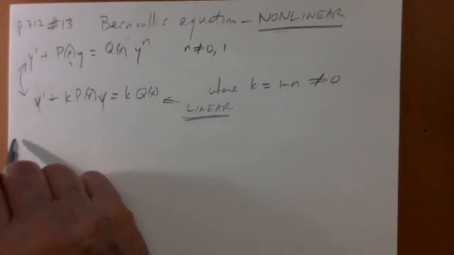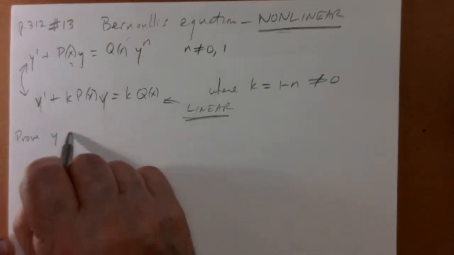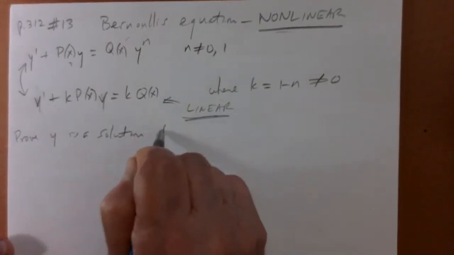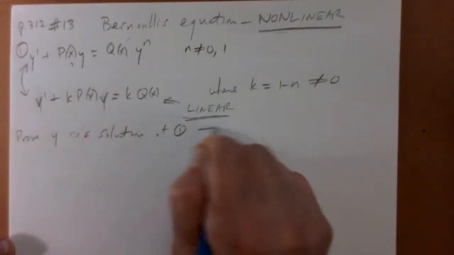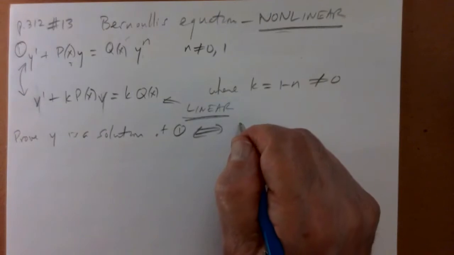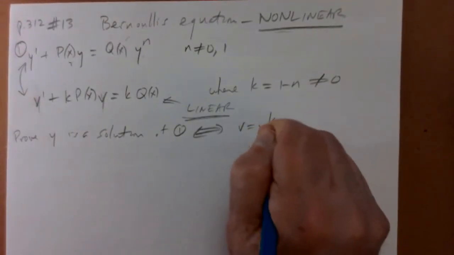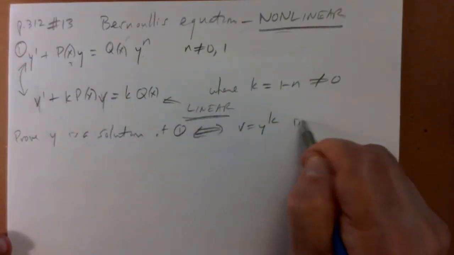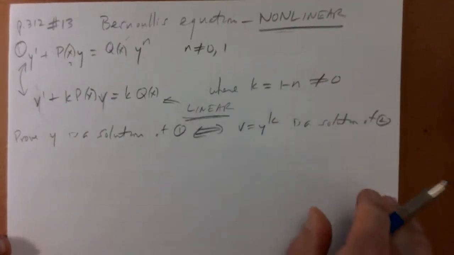So we want to prove that y, a function y, is a solution of this equation. I'll call this equation 1. If and only if I let v equal y to the k, this is the k, is the solution of 2.